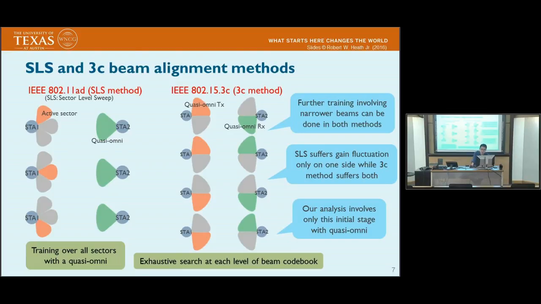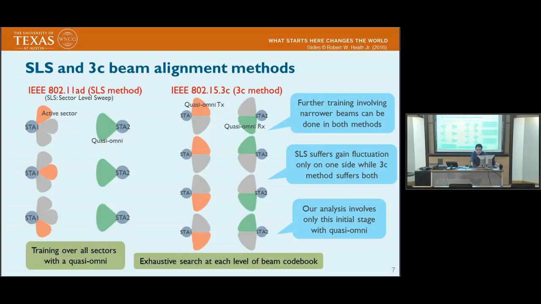The 15.3c method has different levels of codebook, and they do exhaustive search at different levels of the codebook. For example, at the quasi-omni level, the transmitter has 2 quasi-omni patterns, and the receiver also has 2 quasi-omni patterns. They just try all different combinations.